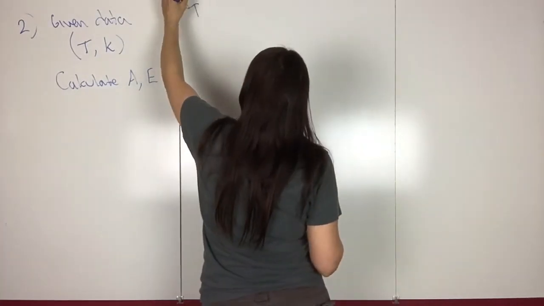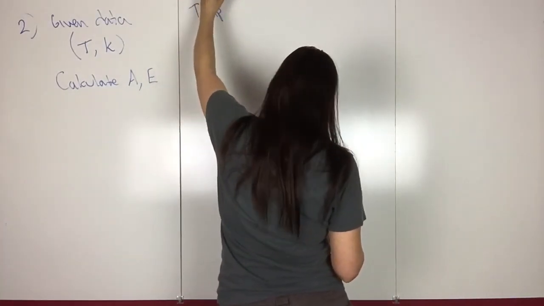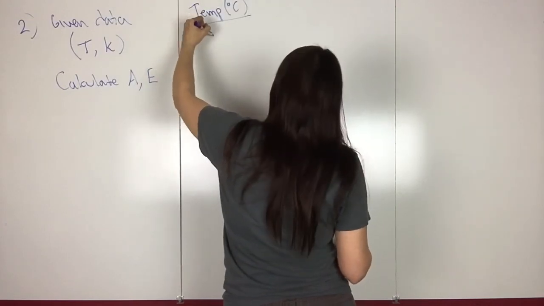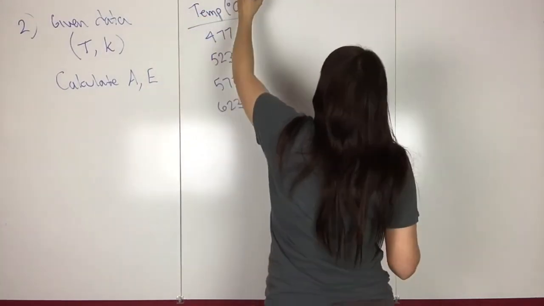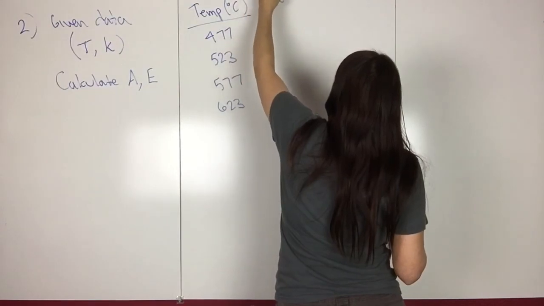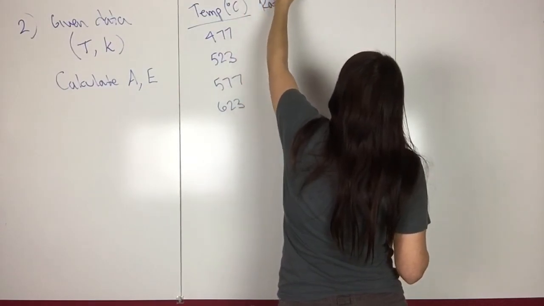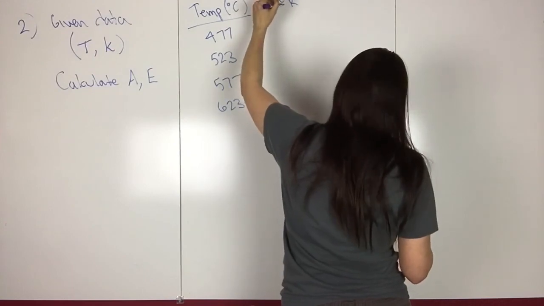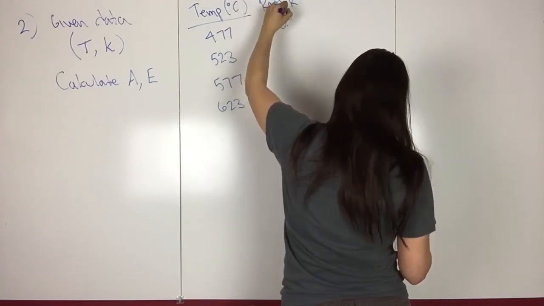So what you're given in the problem is the temperature in degrees C. So you were given 477. Given the rate constant K, and that was 0.0.